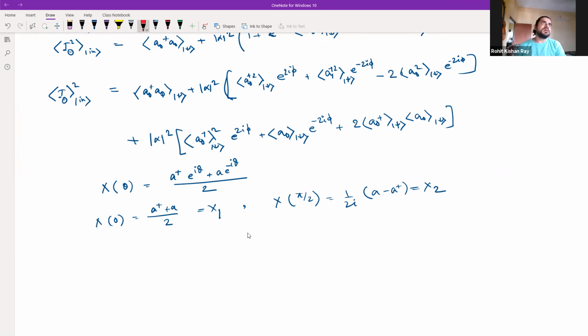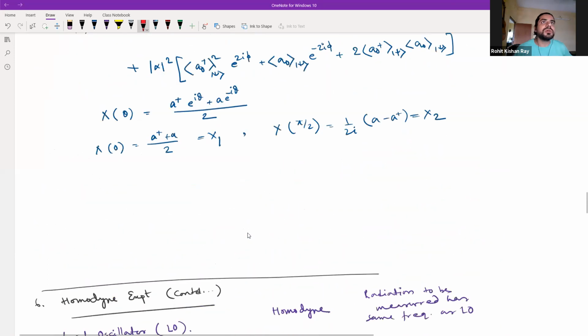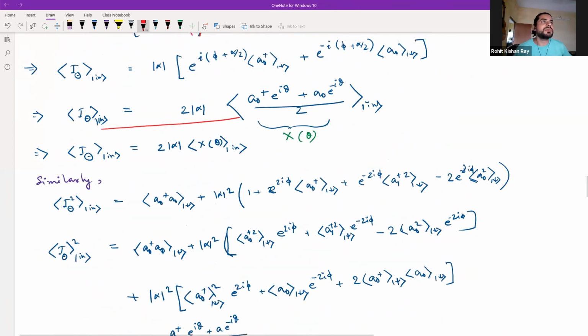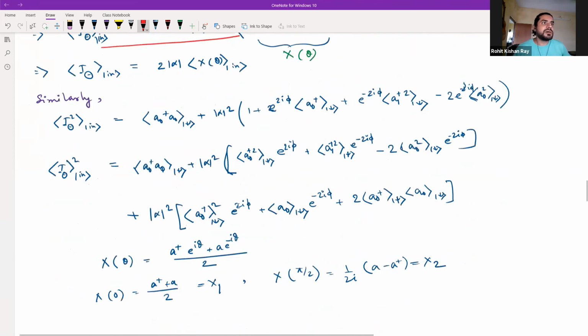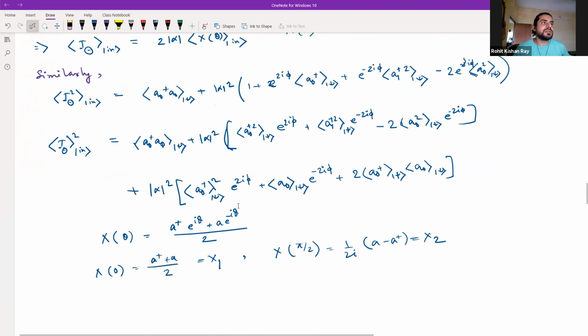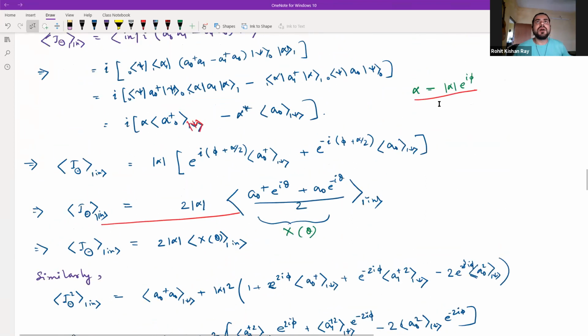Yeah, so basically, I had to talk about one more thing, and that is where you get the phase and amplitude. So this x theta, the modulus of x theta, where this alpha we get from the local oscillator, right? So this is the amplitude, and this e to the power i phi, this phi is the phase.